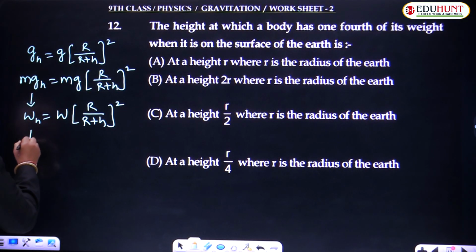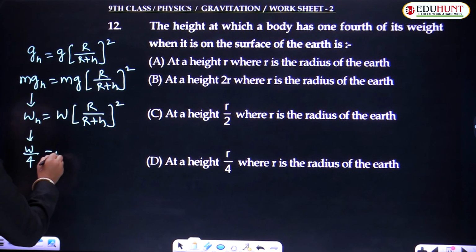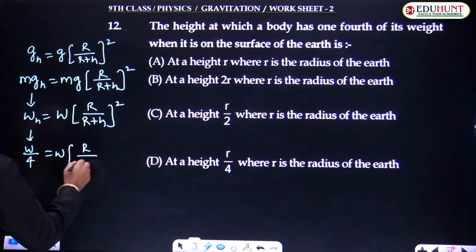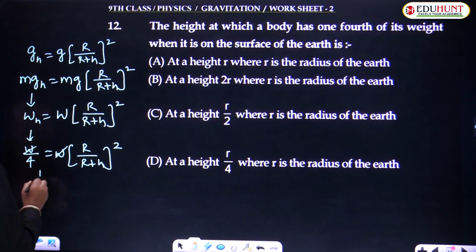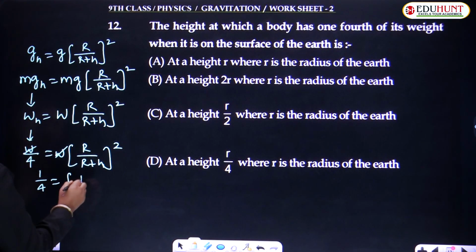W_H is given as the weight on the surface of the earth times 1/4, equals W times (R by R plus H) whole square. This W gets cancelled. 1/4 equals (R by R plus H) whole square.